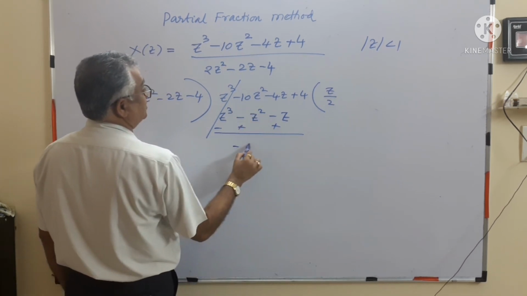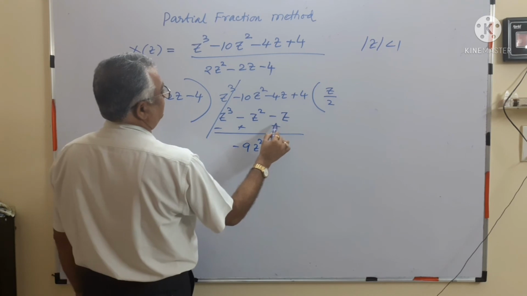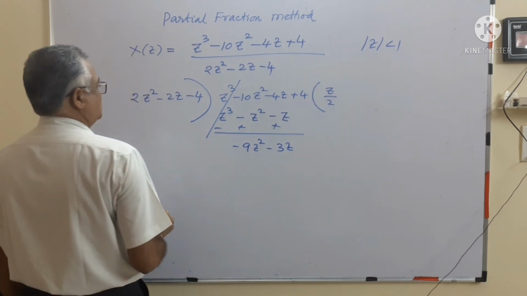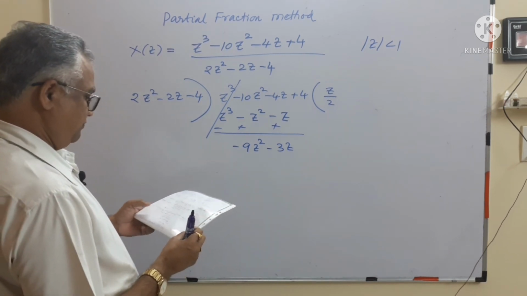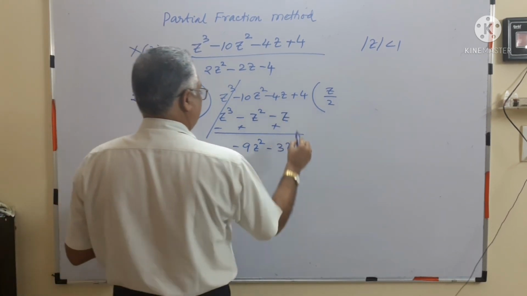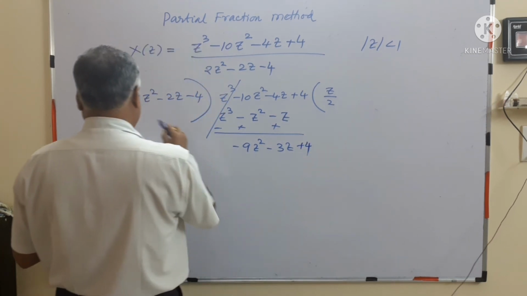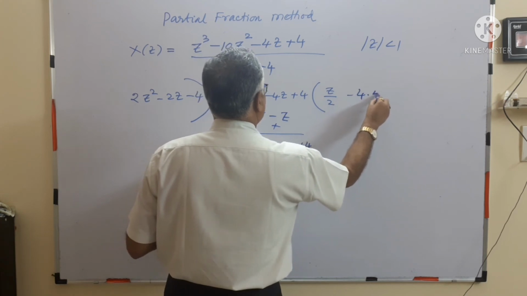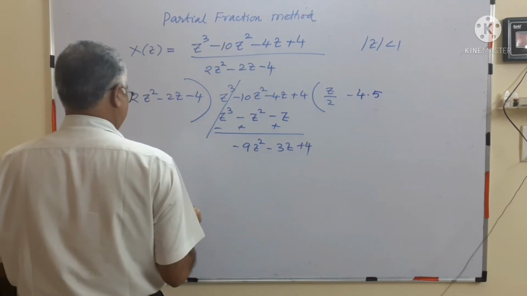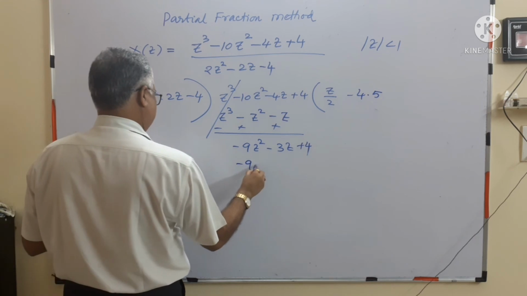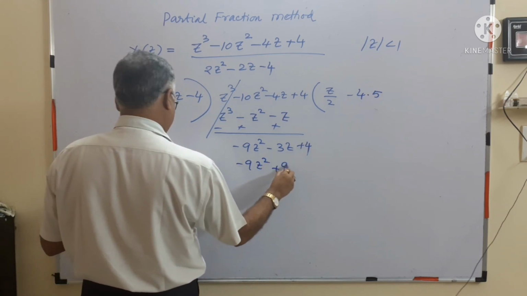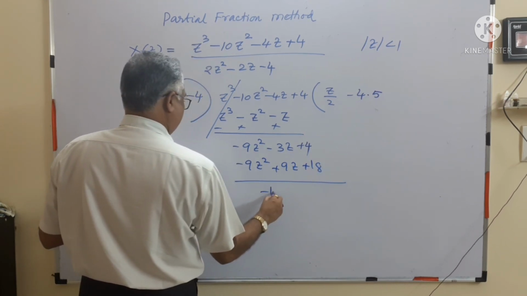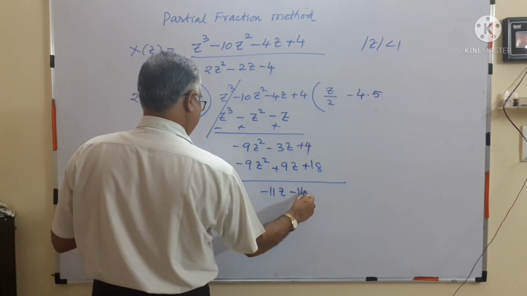Here it is minus 9z square minus 3z plus 4. Next term you will get minus 4.5 or minus 9 by 2. So minus z square plus 9z plus 18, minus 11z minus 14.